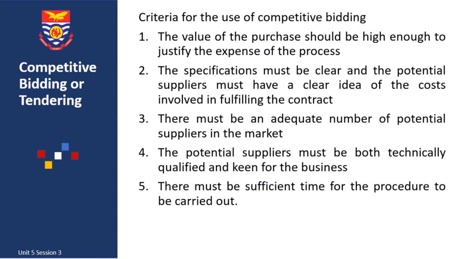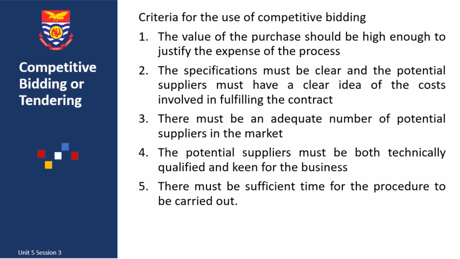After the whole process, you may realize that the amount you used in the competitive bidding process is even more than the value of the item you are procuring. Then value for money has not been achieved. So we can only use competitive tendering when the value of the purchase is high enough to justify the use of this process.